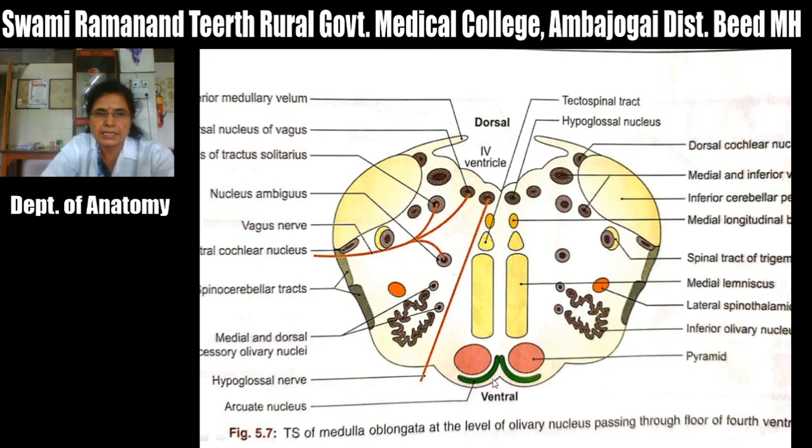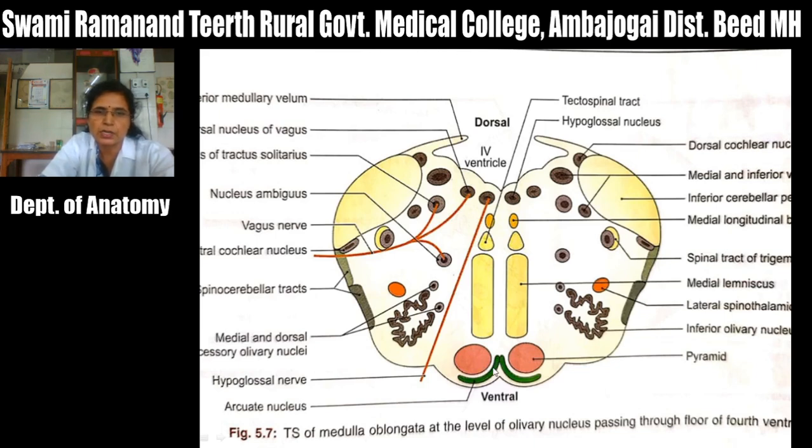This arcuate nucleus consists of aberrant pontine nuclei, that is, displaced pontine nuclei. And as they are pontine nuclei, they receive corticopontine fibers from the cerebral cortex. When you study any nucleus, study it under a few points: the location of that nucleus, afferents, efferents, and function. So this arcuate nucleus is situated on the ventromedial aspect of the pyramid.